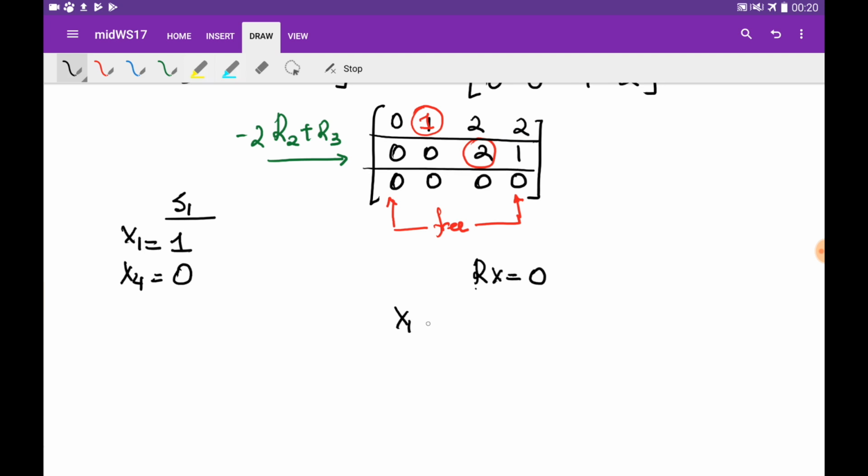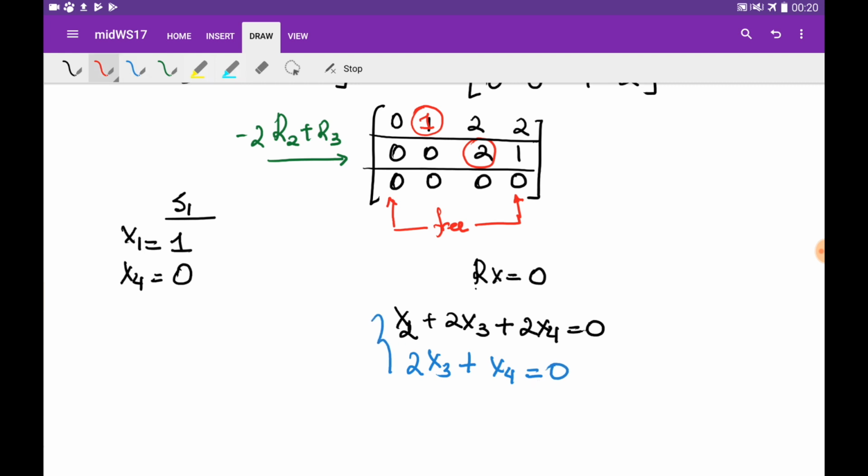We obtain x1 plus tx3, x2 plus tx3 plus tx4 is equal to 0. If I substitute, in the second row it is going to be x3 multiplied by 2 plus x4 is equal to 0.